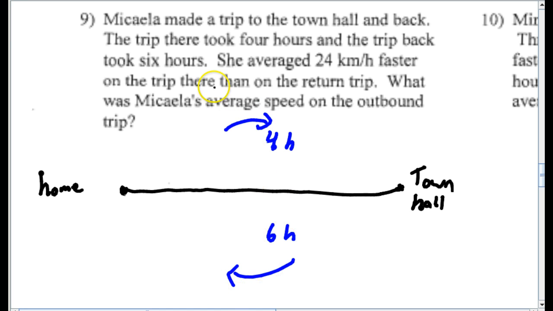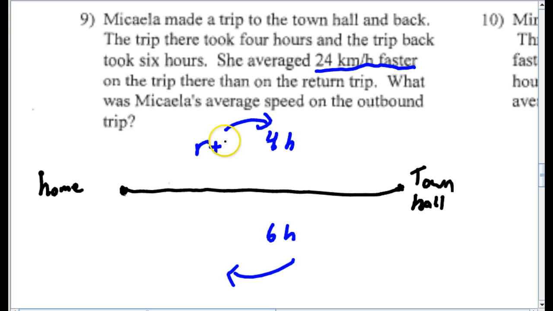She averaged 24 kilometers per hour faster on the trip there. So even without reading the second part of this sentence, if they went faster, that would have to be when they got there sooner. The 4 hours has to be the trip there.